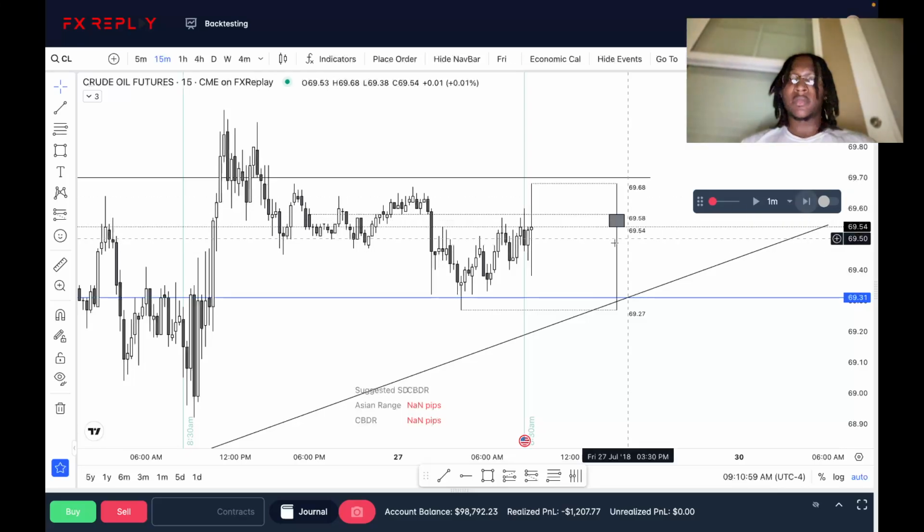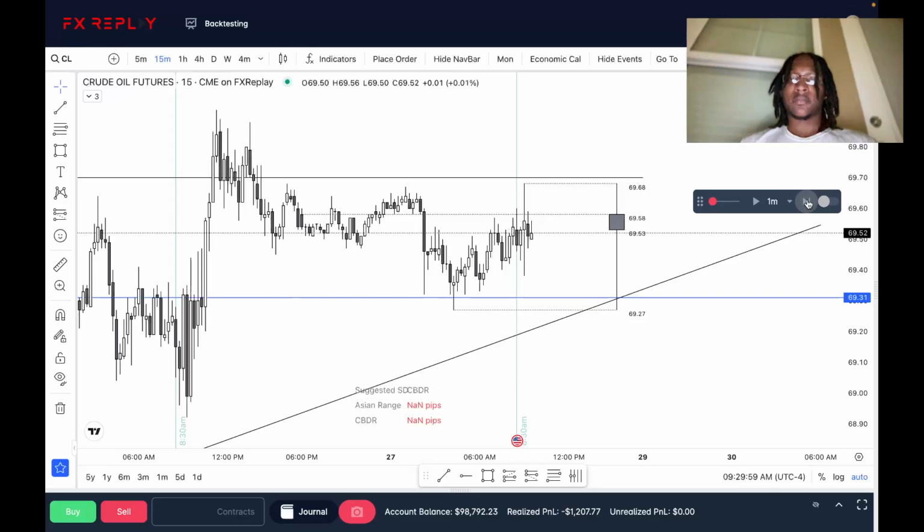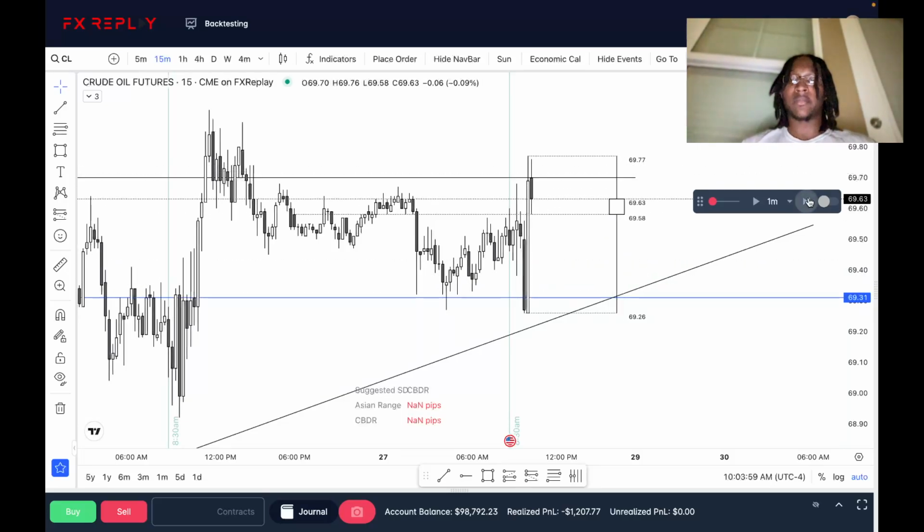This is 9 a.m. And we generate buy side liquidity. This is what, 9:30. Here we go. Buy side swept.